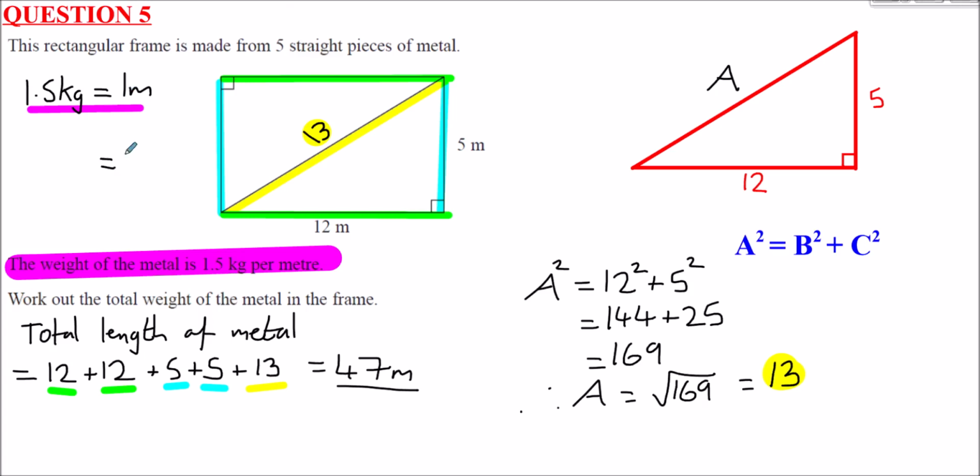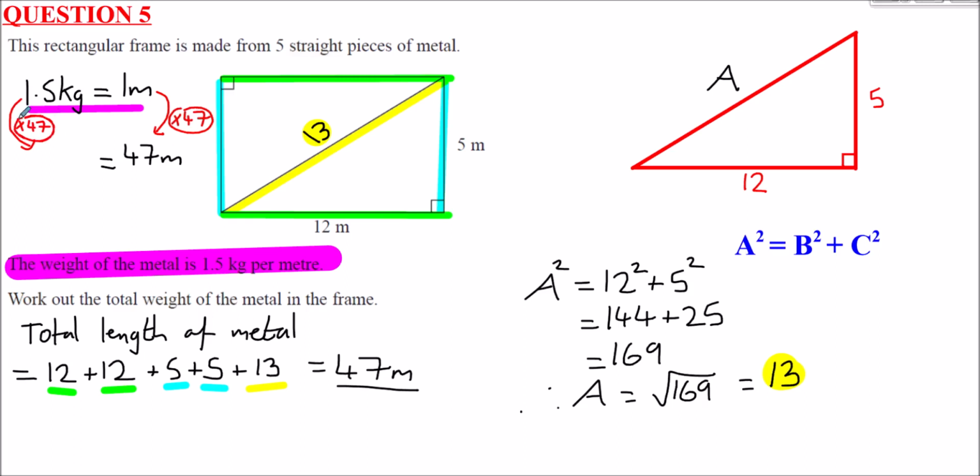What do we need to multiply 1 by to get up to 47? Well, we need to multiply by 47. 47 meters is 47 times as big, so that's going to be 47 times the weight of metal. So we need to do 1.5 multiplied by 47.